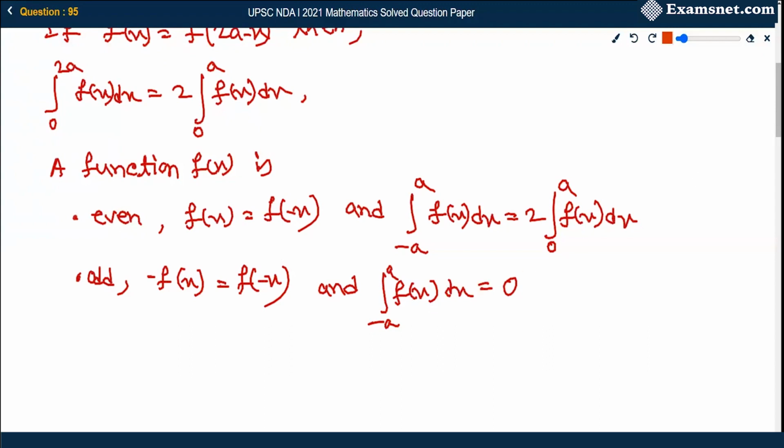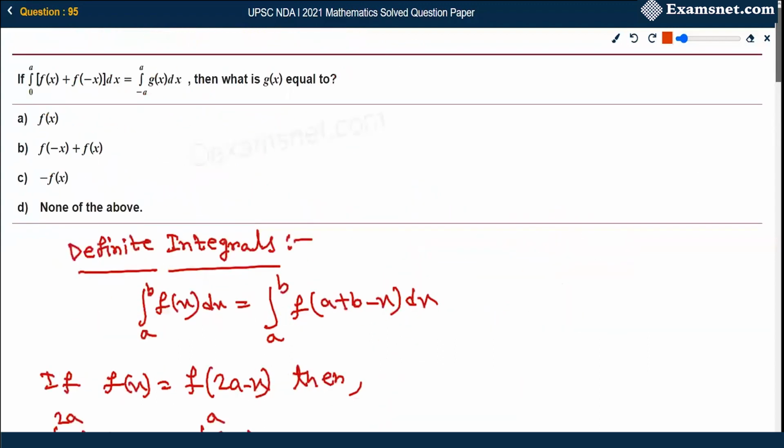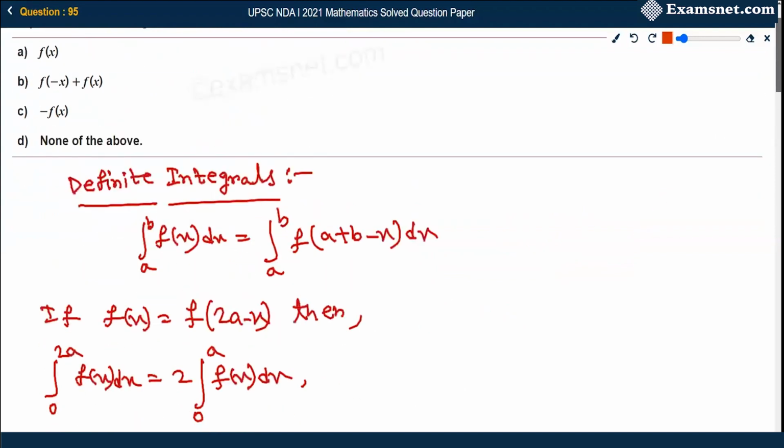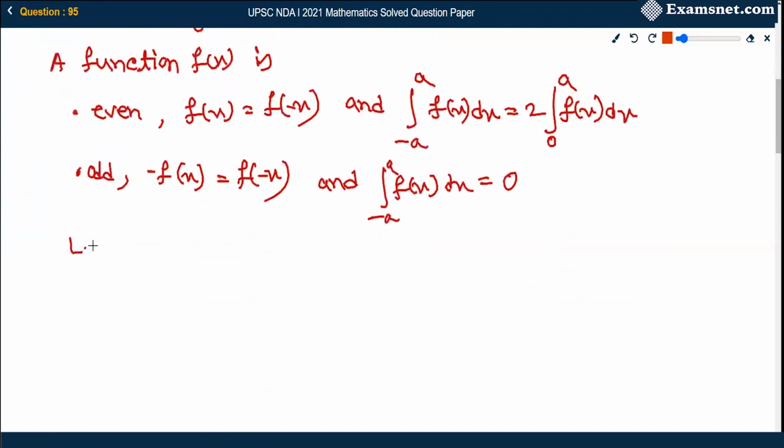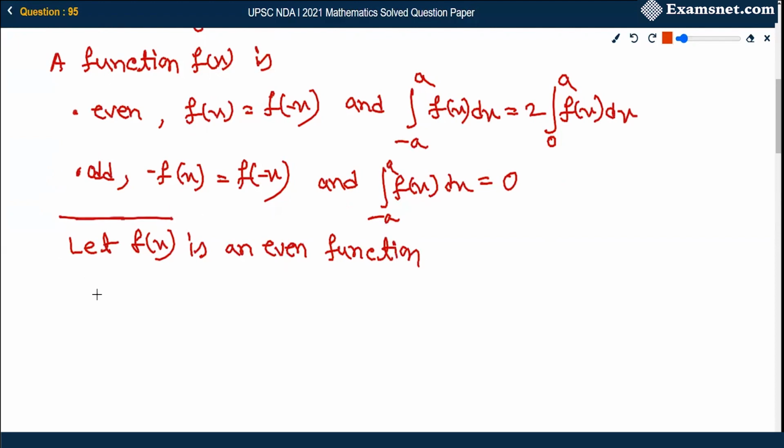Fine. Now look here, for this question, we can assume that f of x is an even function for this given question.